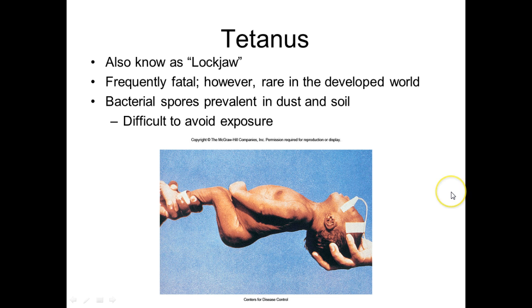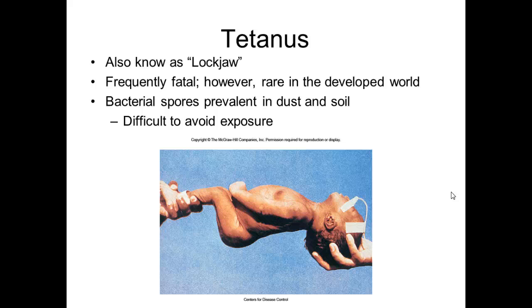Tetanus is known as lockjaw as well, and the reason for that is the symptoms tend to manifest first in the jaw region. This is a horrific picture of an infant with this infection. You can see they're clenched up, and the problem is it stops your muscles from relaxing.